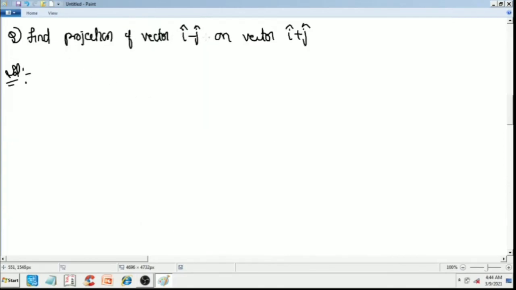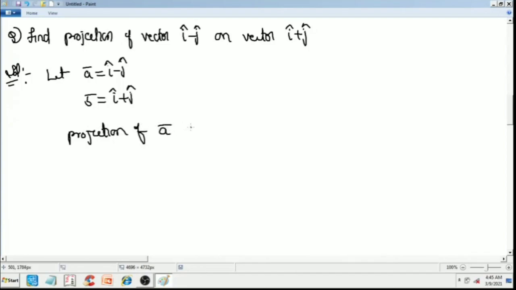Here find the projection of a vector on another vector. Now let us consider a bar equals i minus j, b bar equals i plus j. Projection of a bar on b bar is a dot b by b modulus. First find the b magnitude.